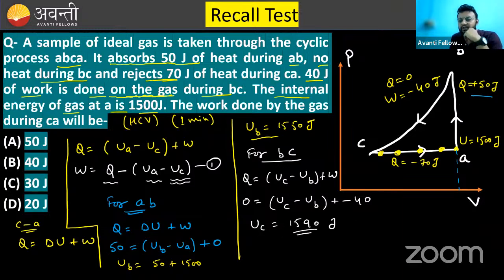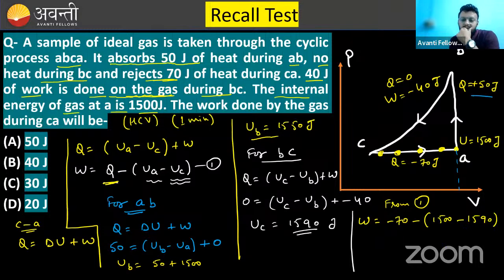Now we can place this value in equation number 1. From equation number 1, if I place these values, then W is equal to Q, which is minus 70, minus UA, which is 1500, minus UC, which is 1590.